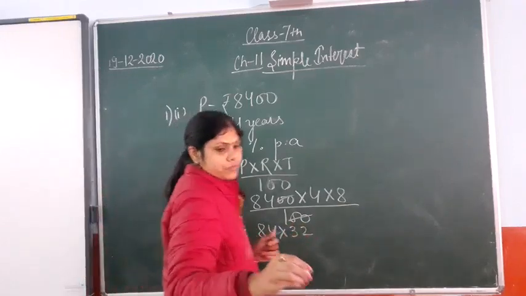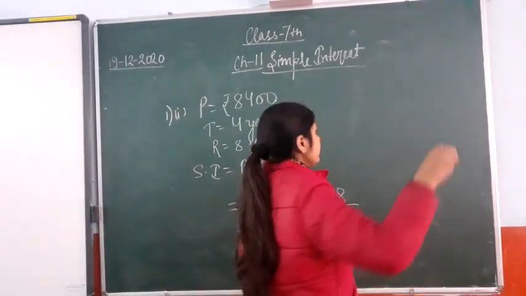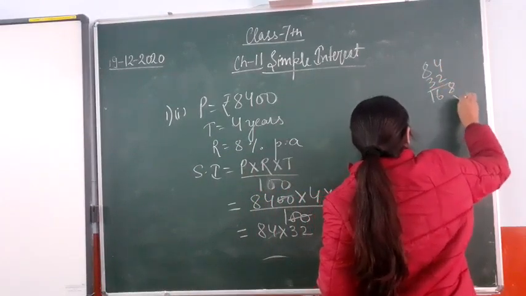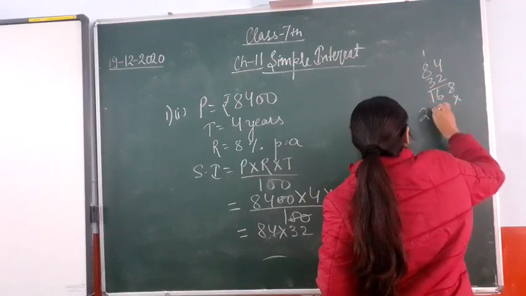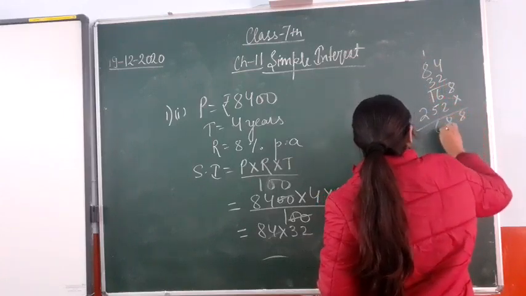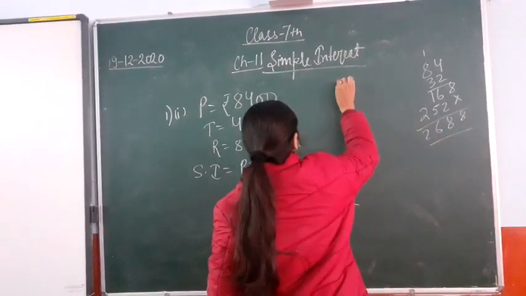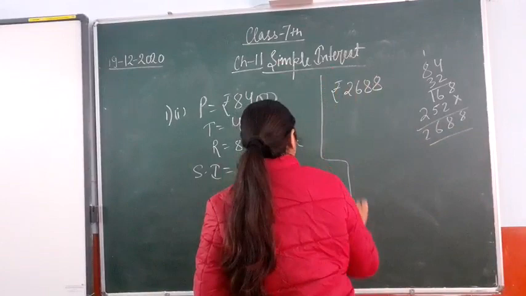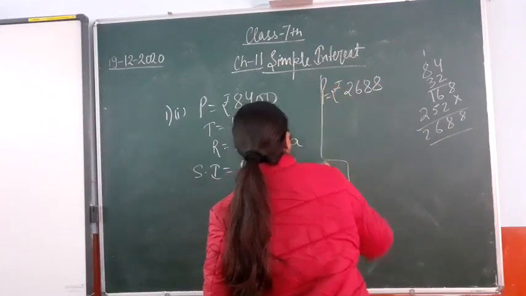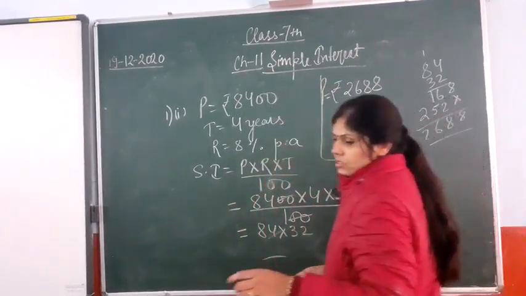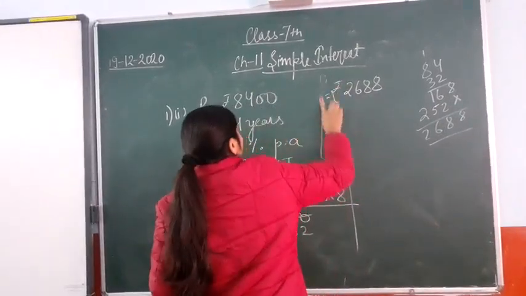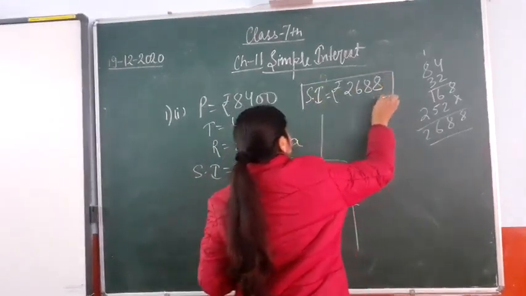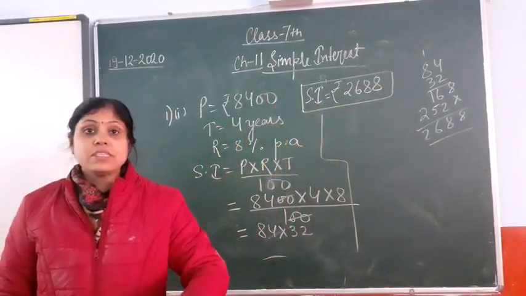Multiply this, and it is coming rupees 2688. Sorry, this is the interest. SI is equal to this much. This is SI, meaning simple interest.